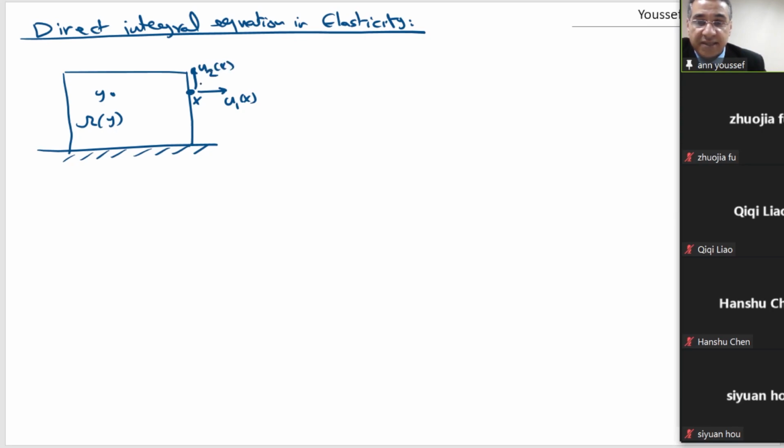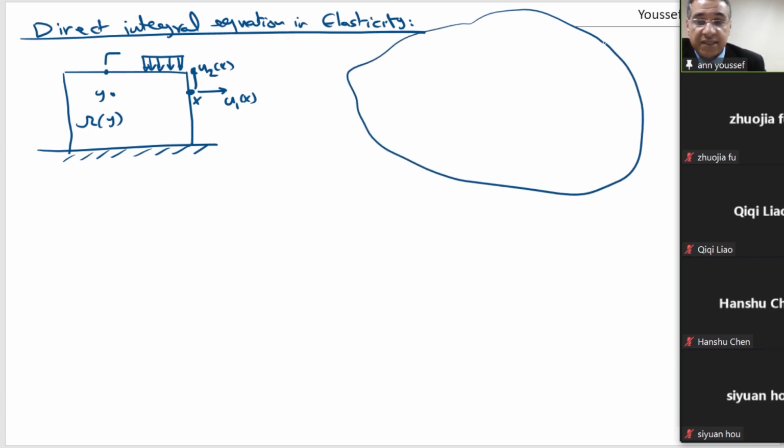I'm interested in these two values. And we have here tractions, forces or something like that. And this is gamma. Okay, so I am in the infinite domain. This is the first problem, problem number 1.